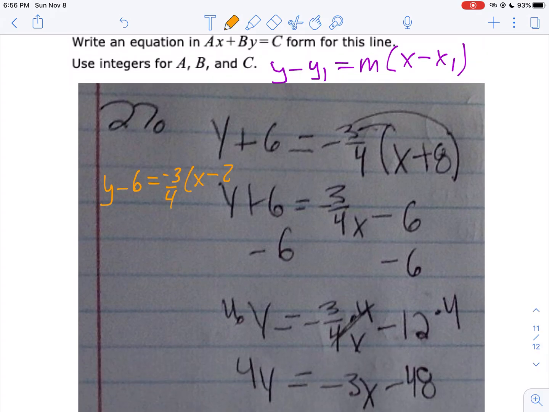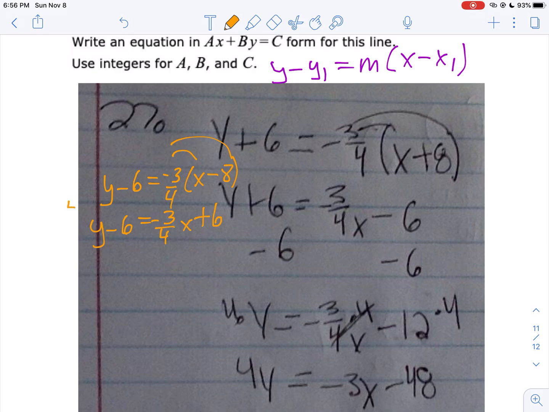Now if I follow your same work you did, y minus 6 equals distribute. We get negative 3/4 x plus 6, because 4 goes in 8, 2 times 3 is 6.